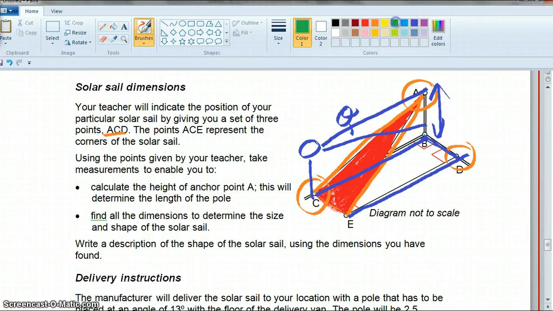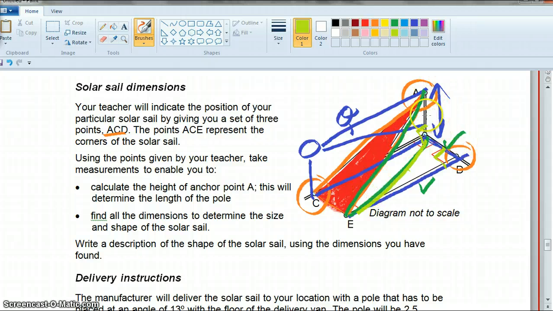How on earth would you find this length here? If you've got that length and that length, what would you use to find this length here? Pythagoras, thank you, because that's a right angle triangle. You use Pythagoras. And then that's a right angle triangle.